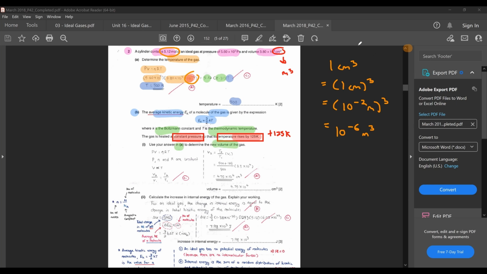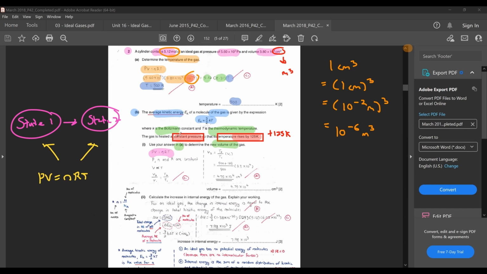So now you can use PV equals nRT for your case now. Your gas was basically going from state 1 to state 2. For both cases, because it's an ideal gas, PV equals nRT will still apply. But there are some things that will remain constant.